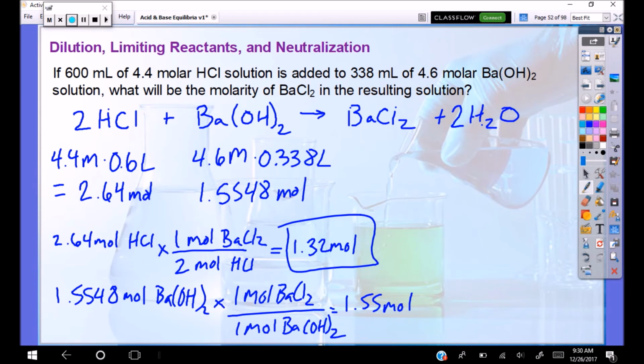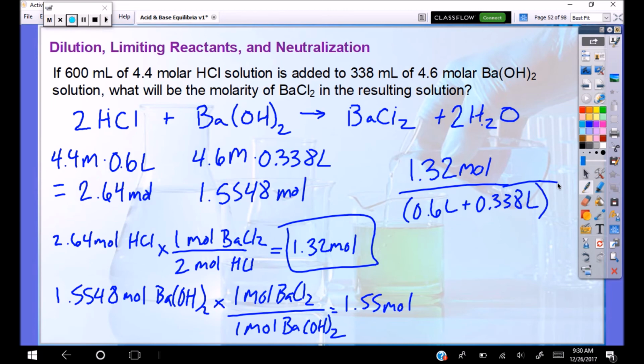Now, remember, this is just moles. We're looking for molarity. So, to figure out our molarity of barium chloride, we need to divide by our volume. The question is, which volume do we divide by? Well, we've diluted our whole solution. This is a total volume. So we've got 0.6 liters plus 0.338 liters. That's our total volume that we have to divide by here, because we've diluted our whole solution.